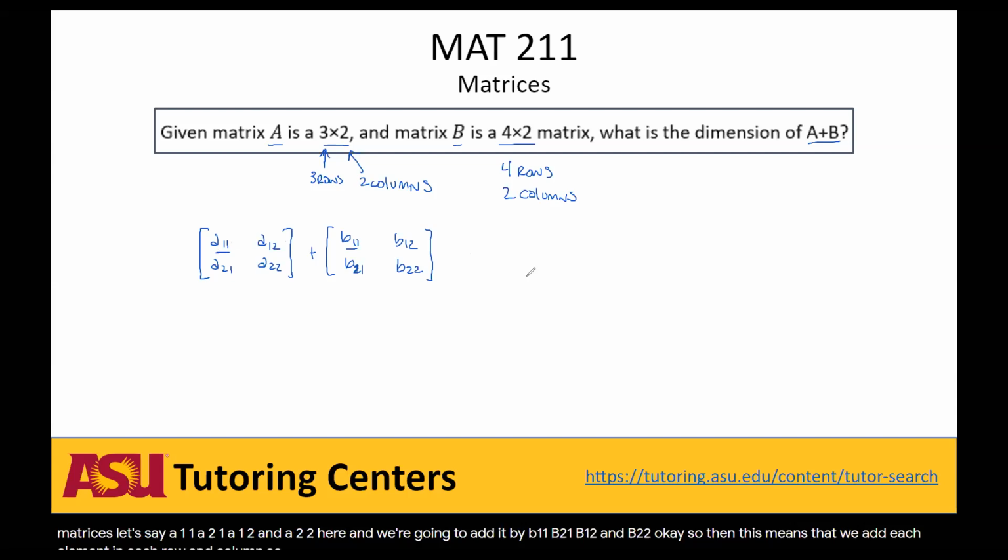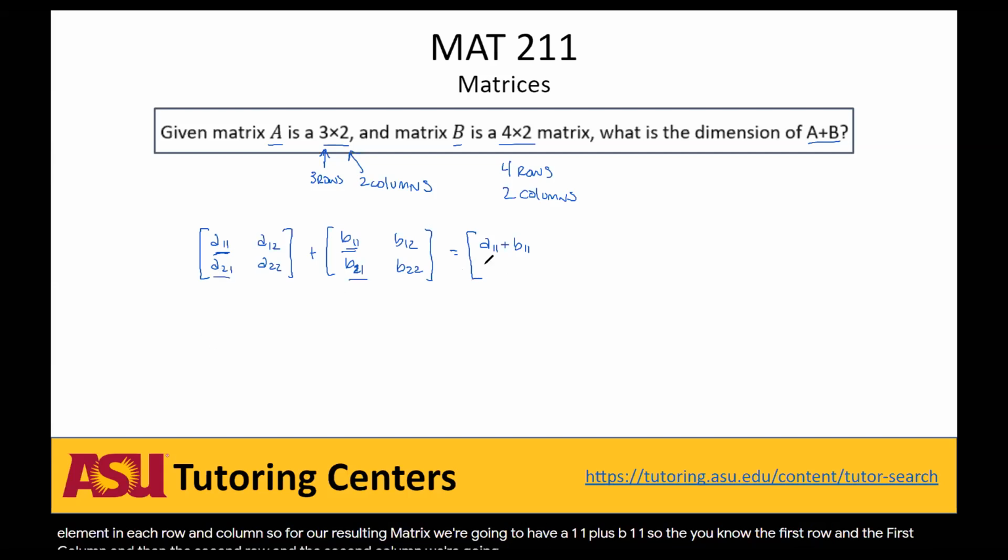So for our resulting matrix, we're going to have A11 plus B11. So the first row and the first column. And then the second row and the second column, we're going to add those. So A21 plus B21. And the same for the other 2 points.